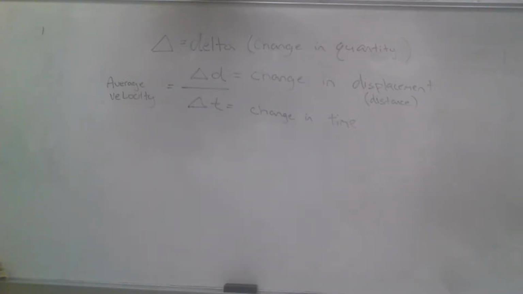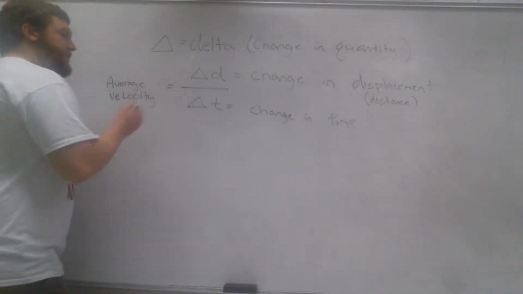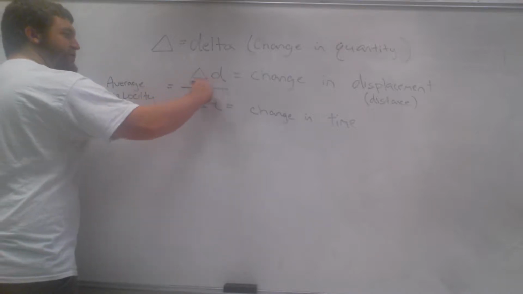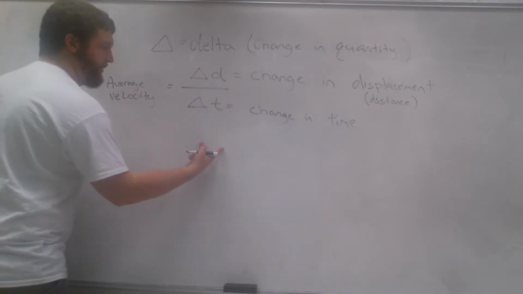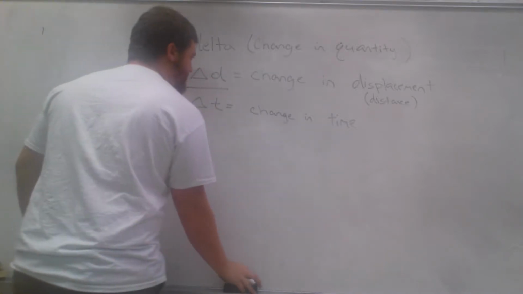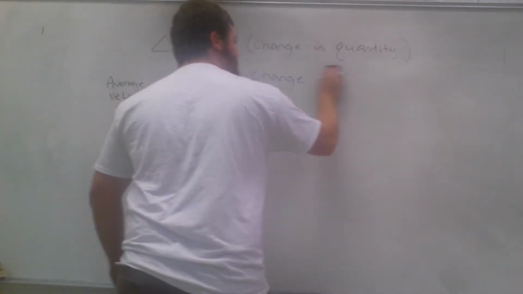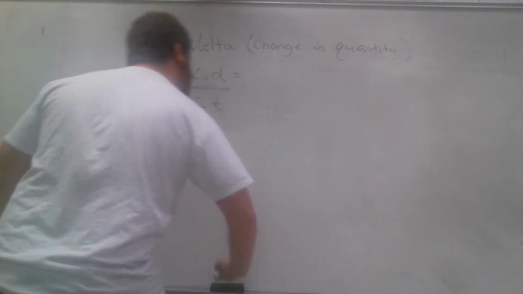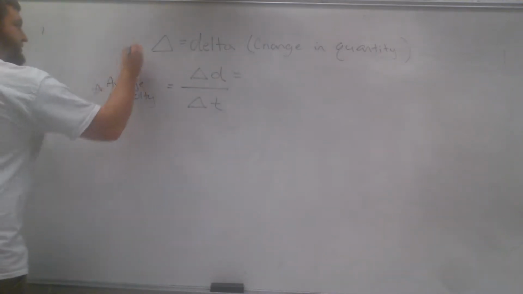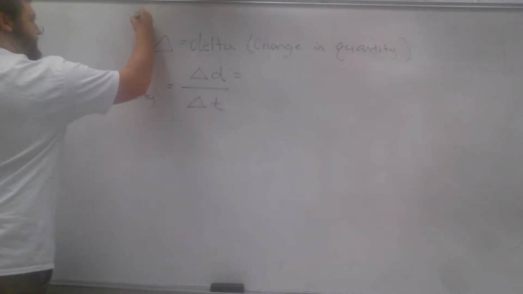Okay, make sure I'm covering everything. Looks good to me. Okay, so that's your average velocity. The reason that is an average is because, in order to have a change in, you need an initial value and a final value. So this is the same as doing, and this is how you will, this will be your notation. Okay, this is also a note card, and so is this, and so is sigma.